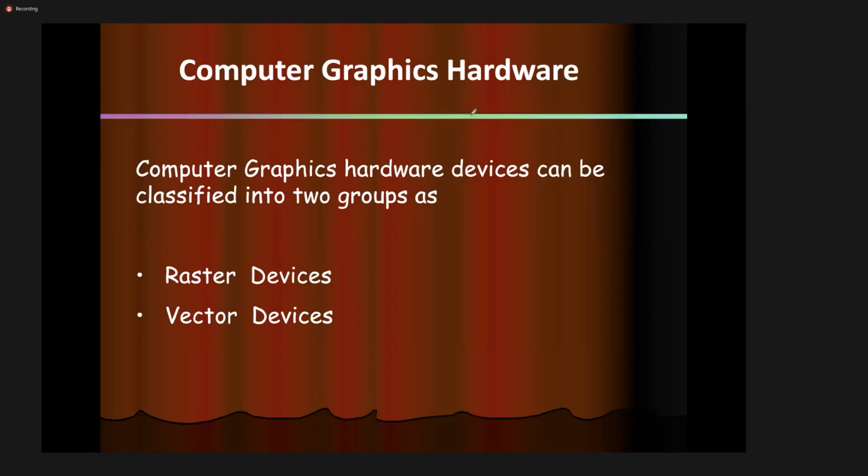Right? When you go to the vector devices, that situation is different. In the vector devices, at the moment you want to draw it, the graphic processor has to calculate what are the pixels to be drawn.